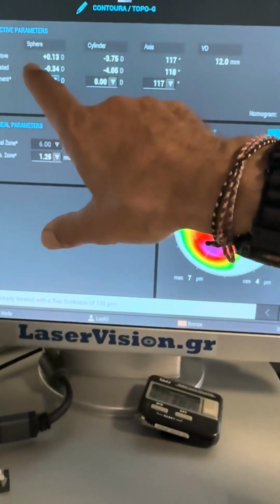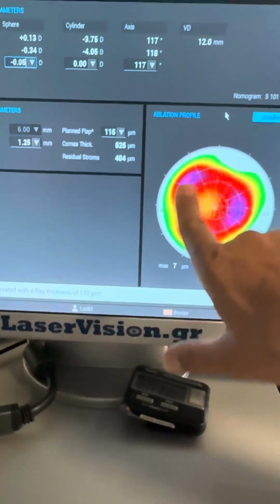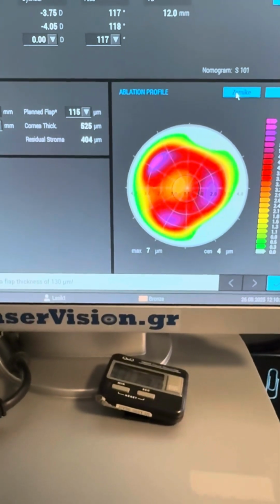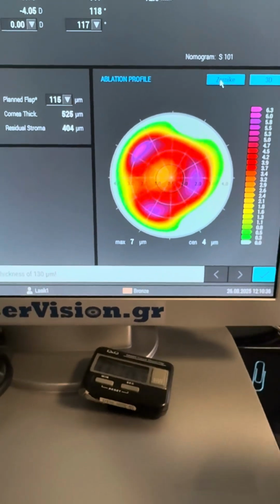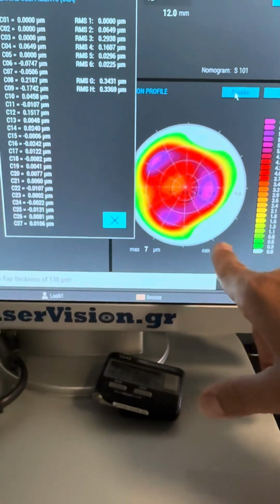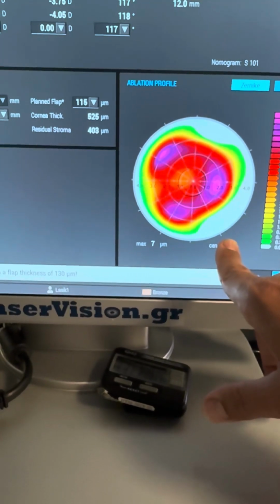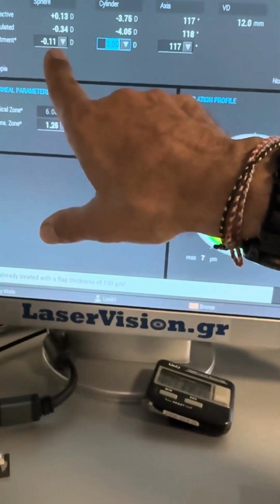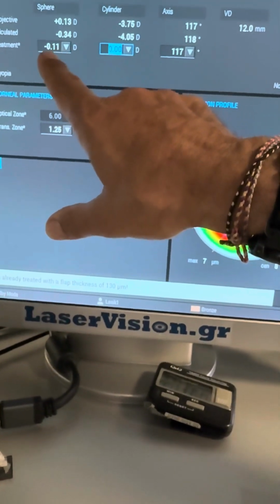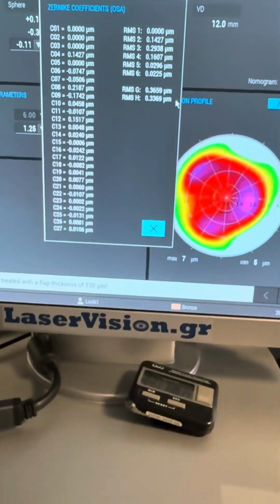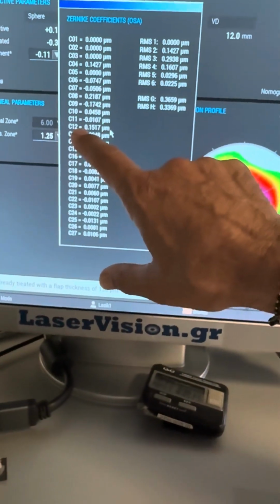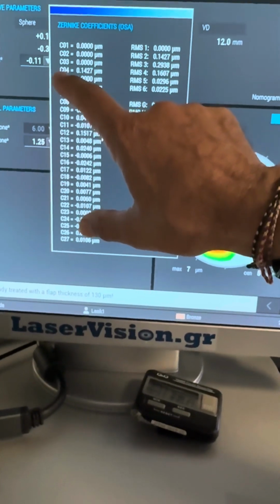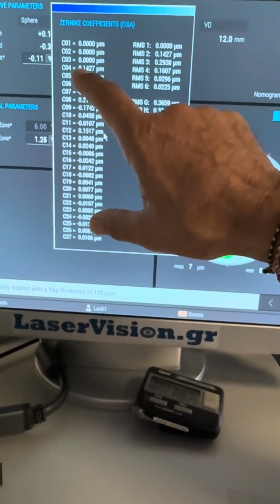Remember, we started with 0 myopia, 0 astigmatism, so this is just the topography-guided recentering of the cornea curvature to the vertex of the patient. So we found that the magic number here is, we know it because we worked on it step by step, minus 0.11, because when we put minus 0.11 and we look at the Zernike polynomials, then our C12, which is of course the same, 0.15, equals the best possible C4, which is 0.14.